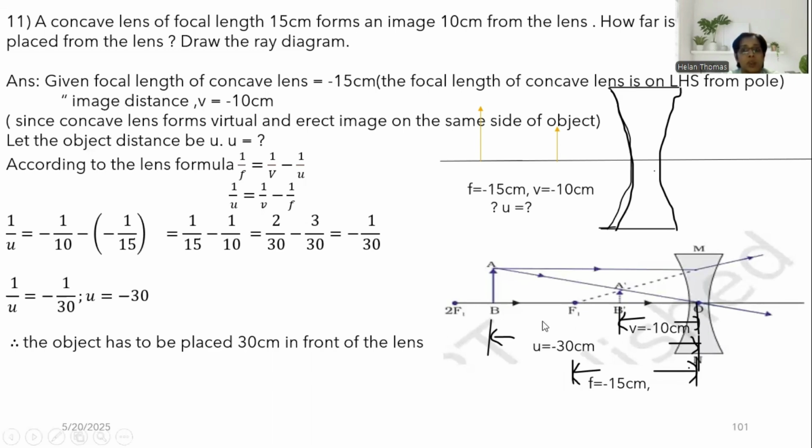So you can mark your U at 2F, because F is minus 15 and you got your U as 30. So you can have your object at 2F, and then write minus 30.